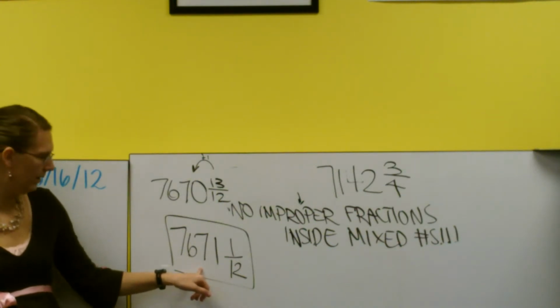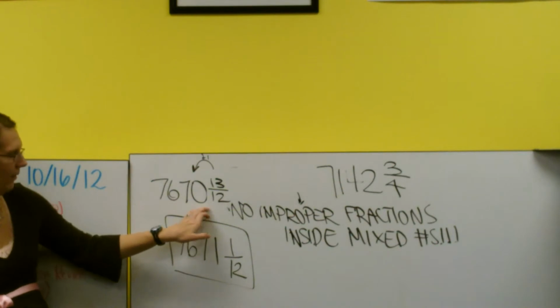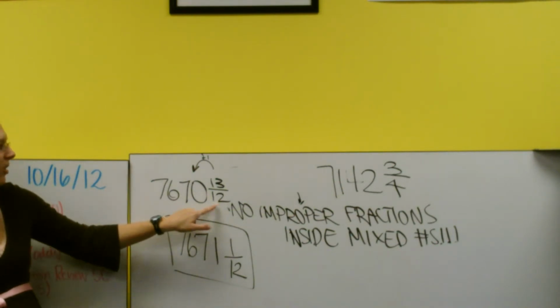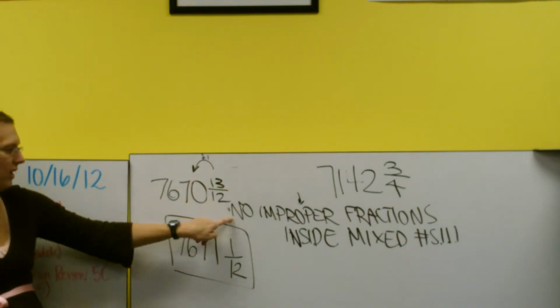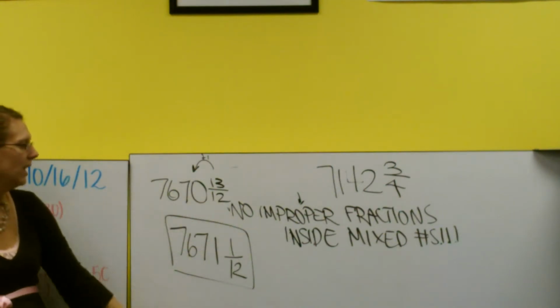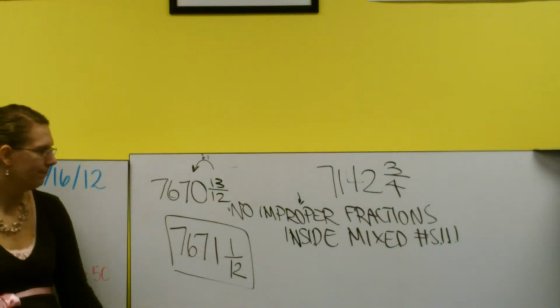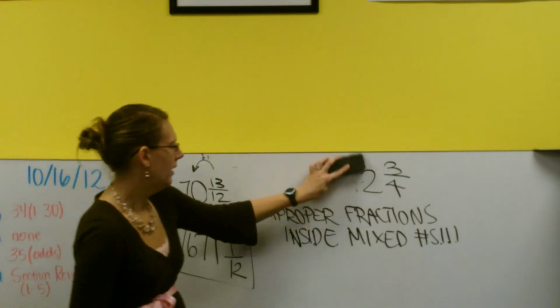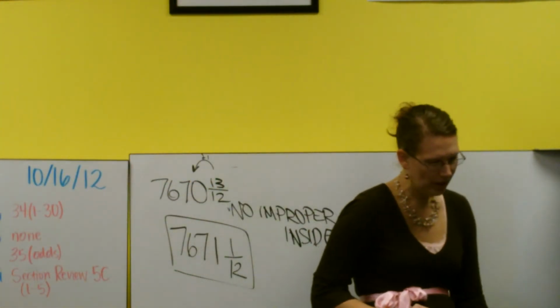Shaking his head yes? Thank you, sir. Okay? So, adding fractions. The key is making sure that we can simplify our improper fractions, since we said no improper fractions inside mixed numbers. Okay? Good job.